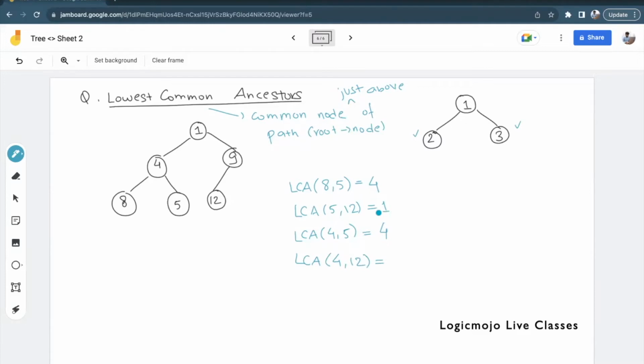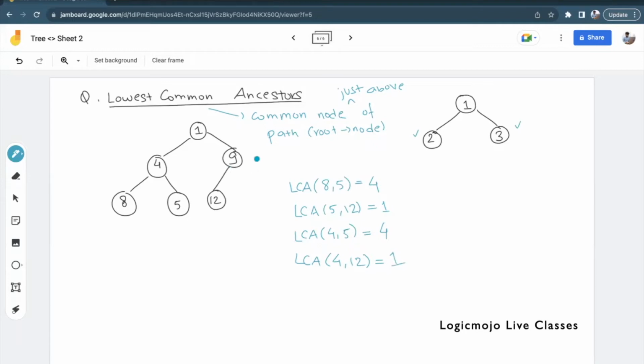You can share in the chat box. If you got what we have discussed till now, then you can share. For 4 and 5, it's 1, correct.